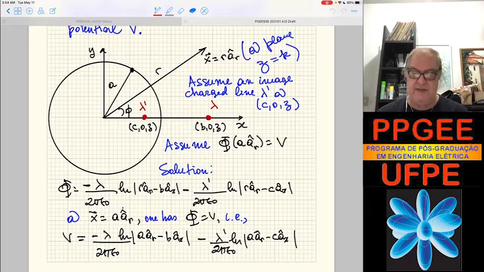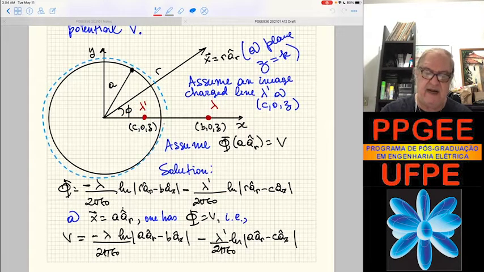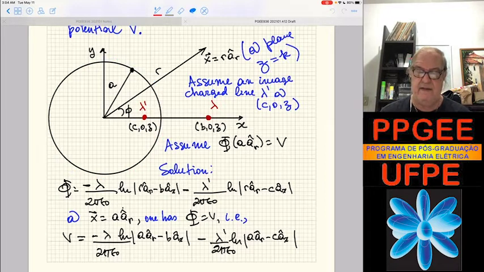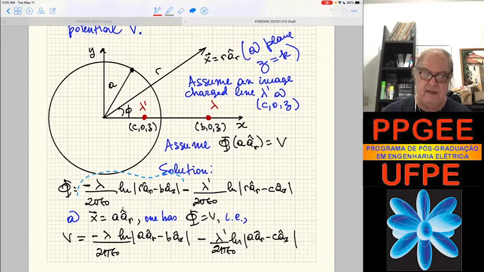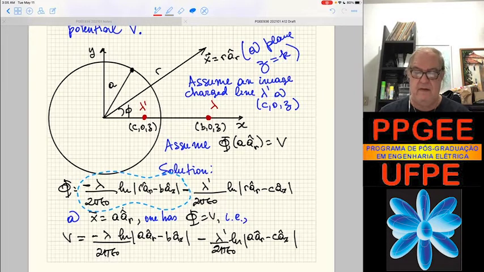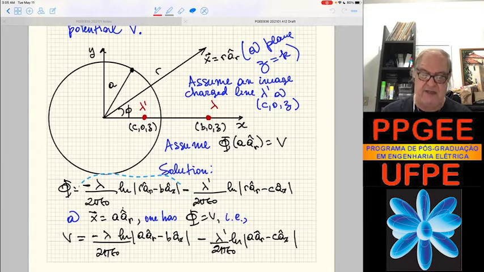In this situation, when you have a charged line outside, we can try to balance the potential at the surface r equals a by trying a solution that is a combination of the potential of a charged line at a distance b from the origin.